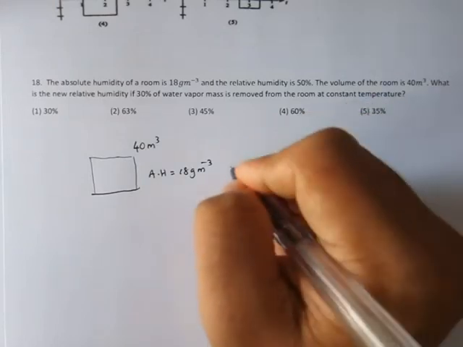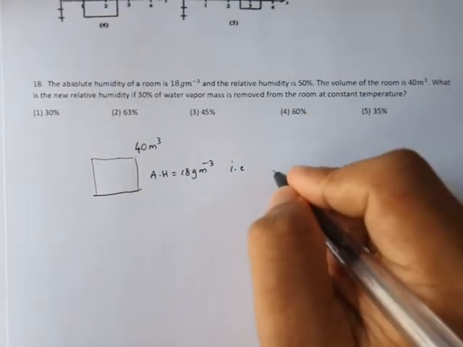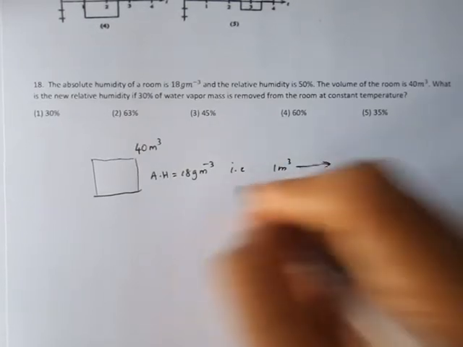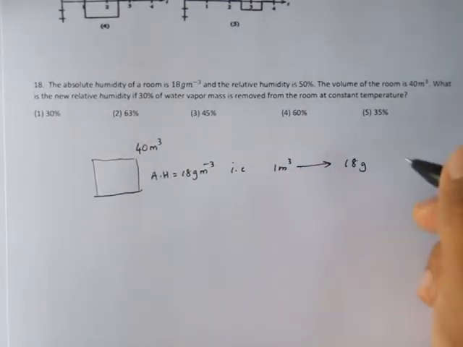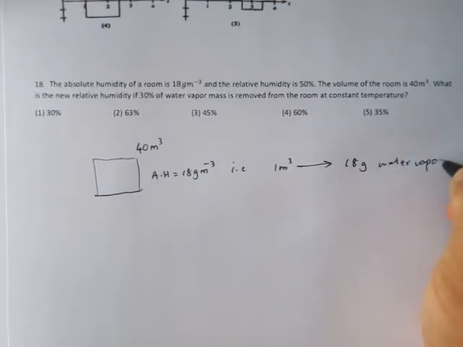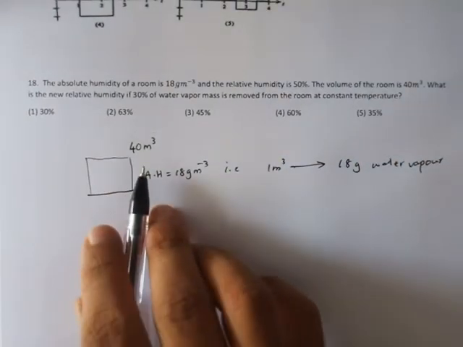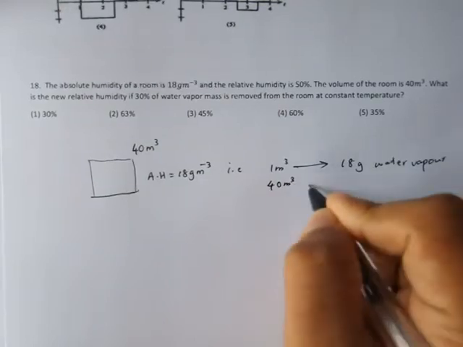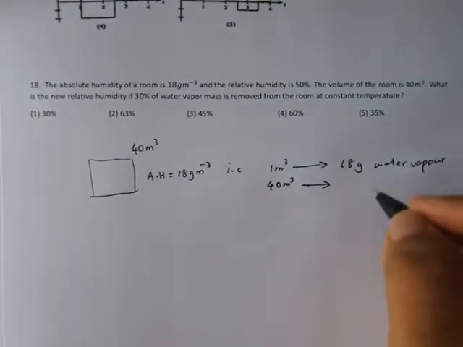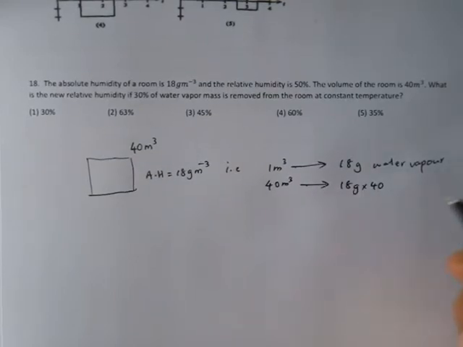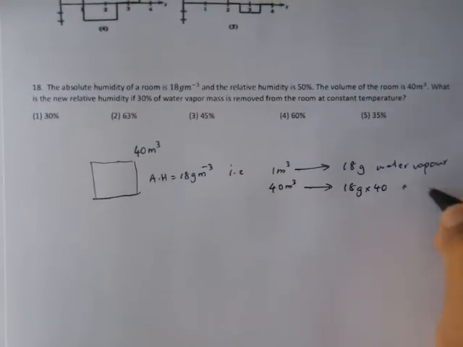That means if I consider 1 meter cube, there are 18 gram of water vapor. So this room is 40 meter cube, so the total water vapor mass is 18 gram into 40.